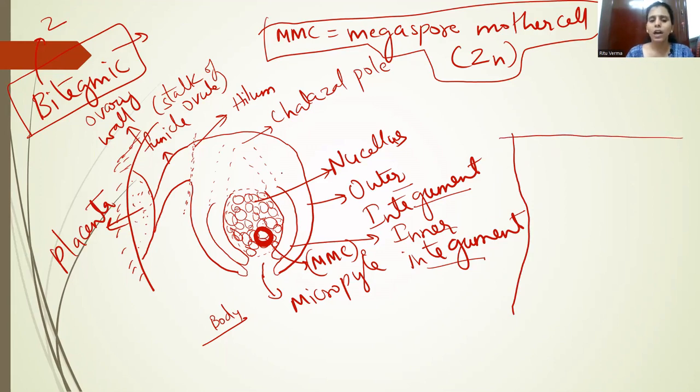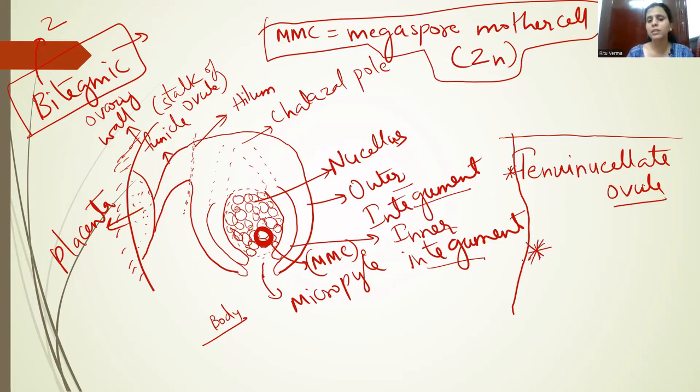That means only half of this area is filled with the nucellus. So this type of ovule is known as tenuinucellate ovule. That means an ovule in which only a very small amount of nucellus is present. Such a type of ovule is known as tenuinucellate ovule.